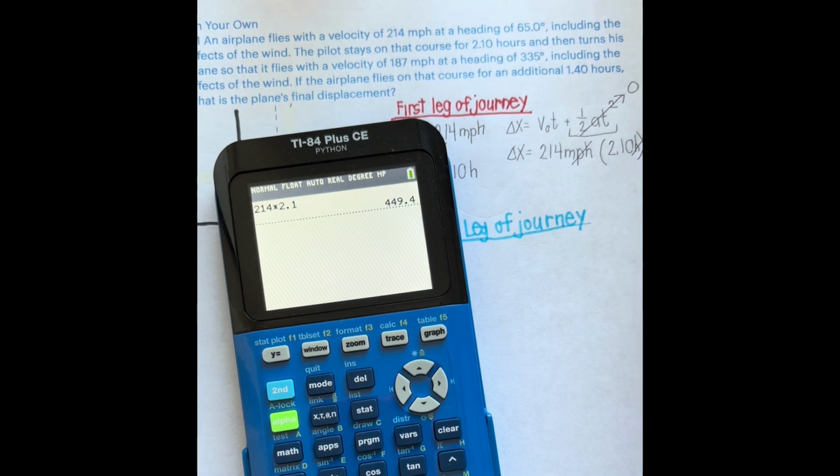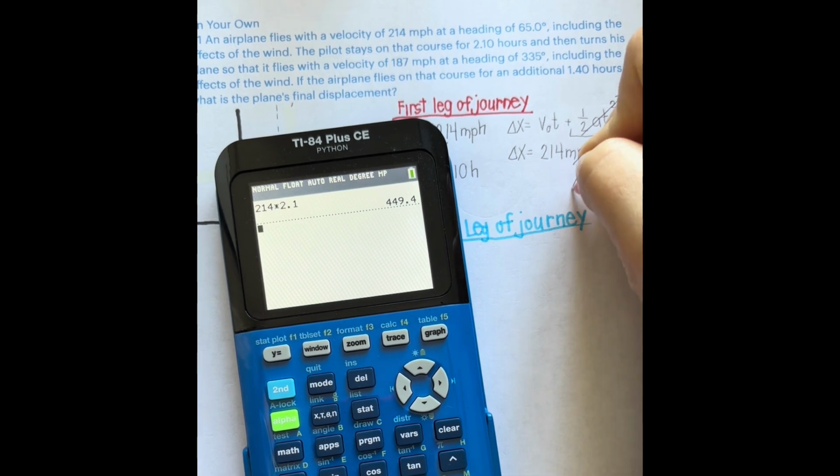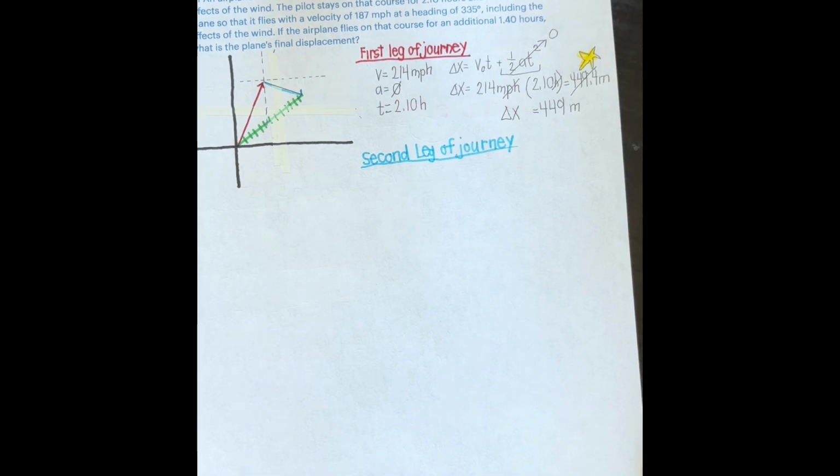We know that's way too many significant figures because we can only have 3. So I'll mark it like I always do with my yellow star. And then our displacement for this is going to be 449 miles.